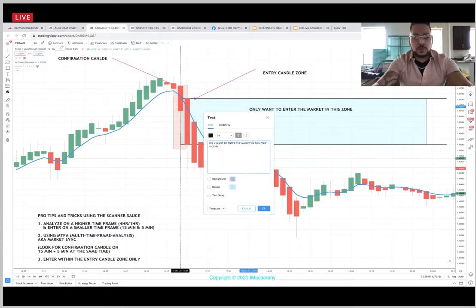Don't enter the trade if a candle closes above the entry candle, and also don't enter the trade if a candle closes below the entry candle.